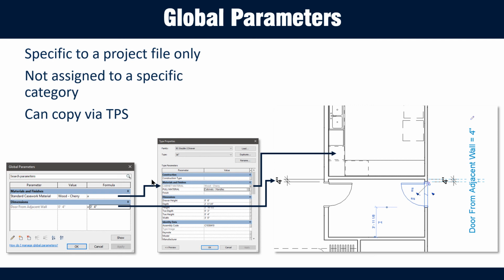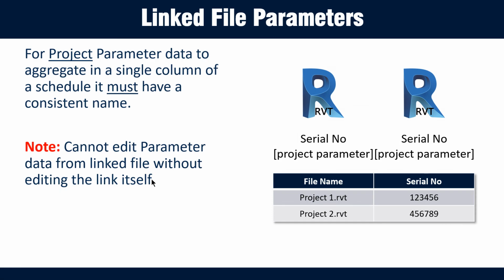Okay, I think this is bordering on what we were kind of just talking about. This one kind of boggles my mind a little bit. Linked file parameters. All right, if you make a project parameter in project A, and then you make the same parameter name in project B, and you link project A into B with the same exact parameter name, believe it or not, it will schedule.